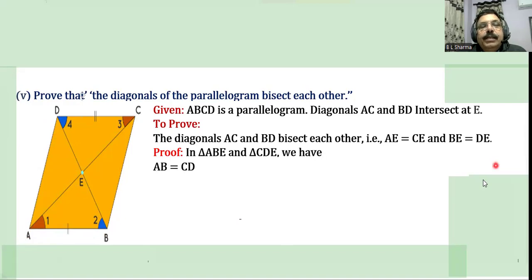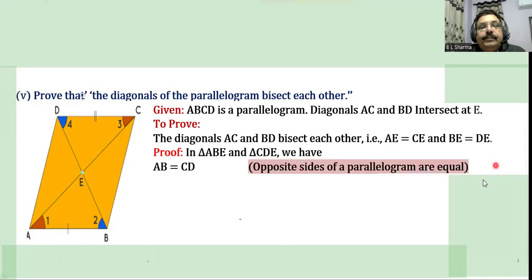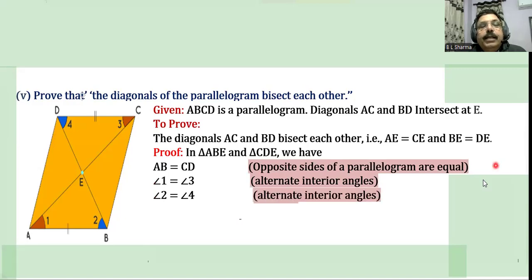AB is equal to CD because we know opposite sides of a parallelogram are equal. Write the reason. Angle 1 is equal to angle 3. These are alternate angles. Angle 2 is equal to angle number 4. Also alternate angles.